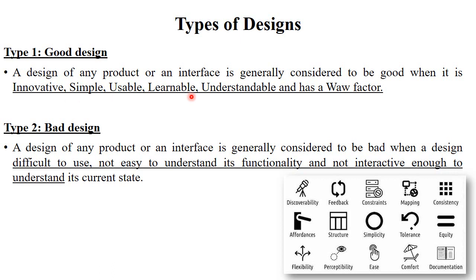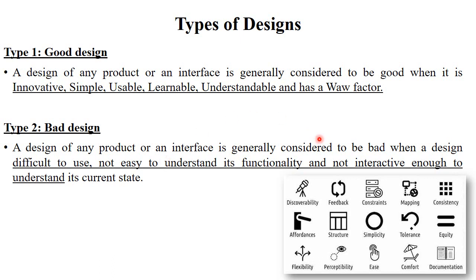So this is called good design, and the opposite of that is bad design. Bad design means a design of a product which is difficult to use, not easy to understand in its functionality, and not interactive enough to understand exactly what it is. So this is called bad design, right?